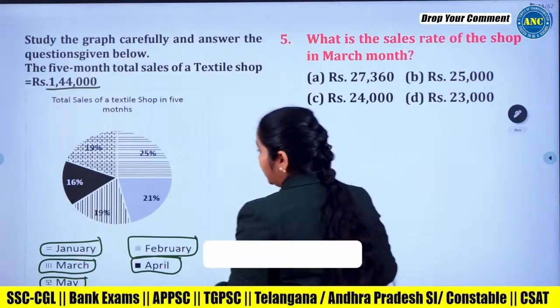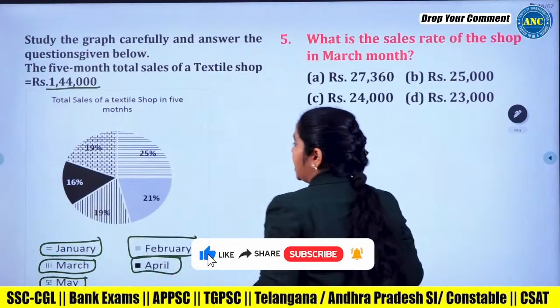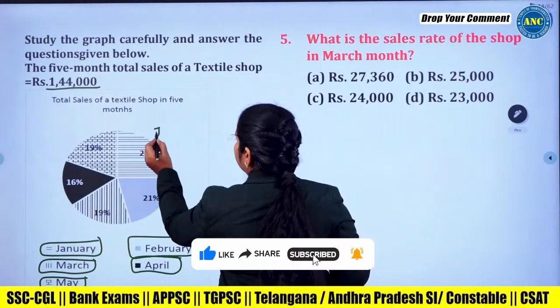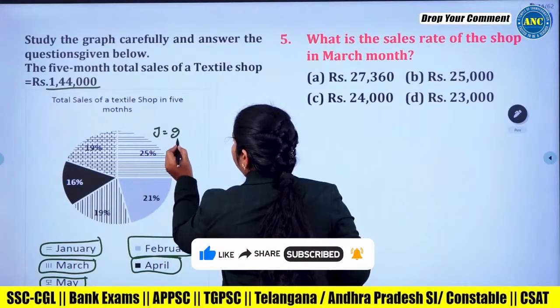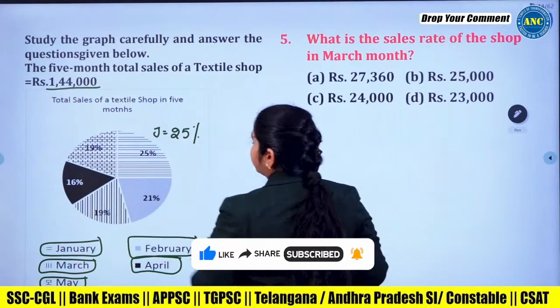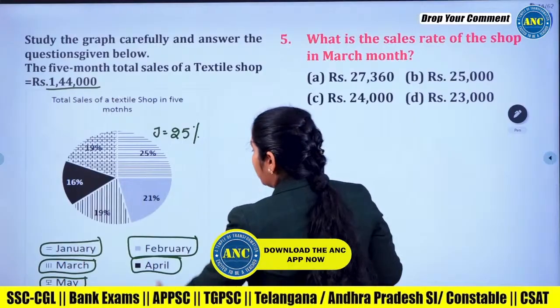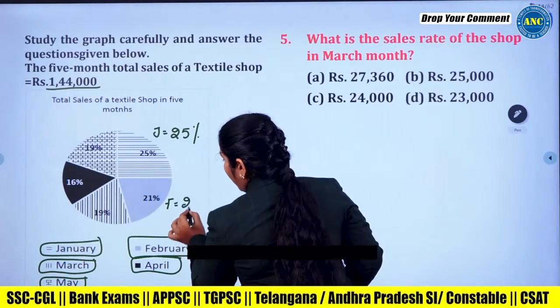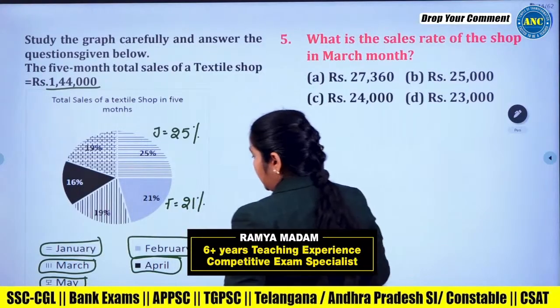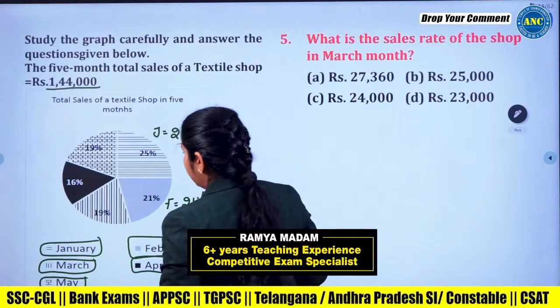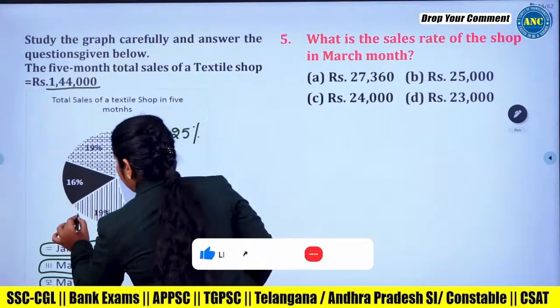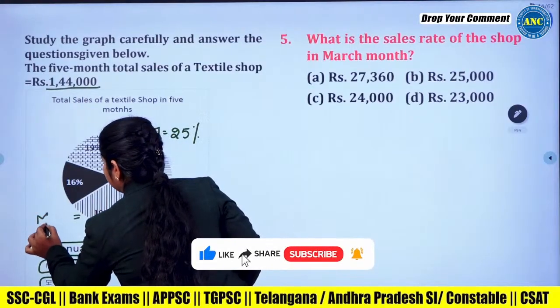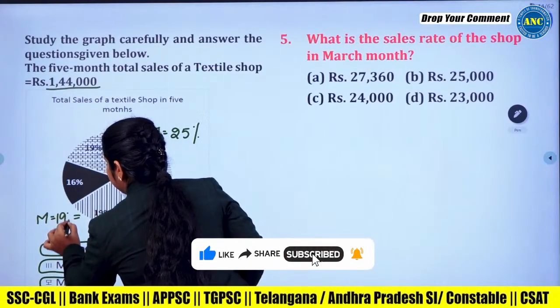Now, in the month of January it is 25%. In the month of February it is 21%. After that, March, it is 19%.